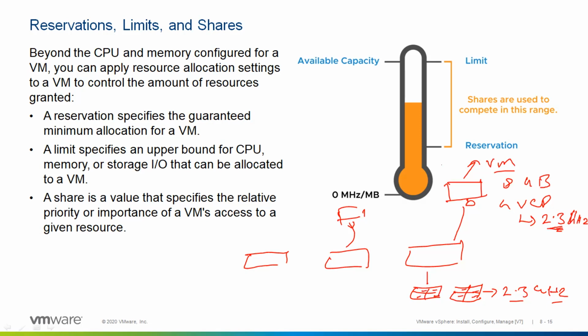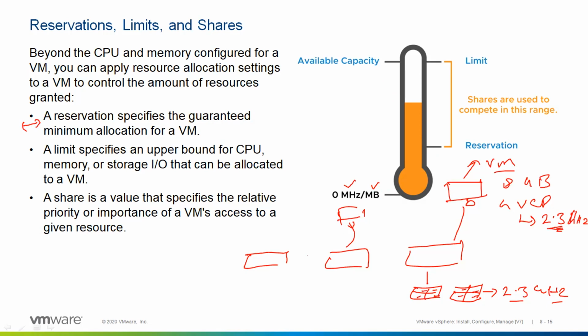All right. So when we allocate the resources to the virtual machine, it could be CPU or it could be memory. When we say reservation, it means we are allocating and fixing that value to be always available for that virtual machine.